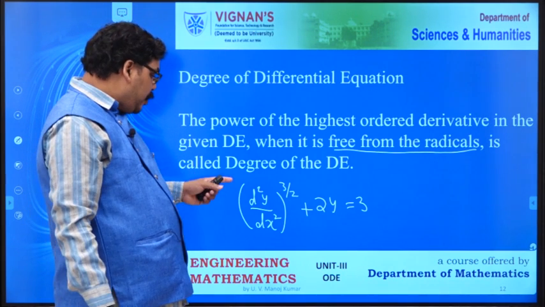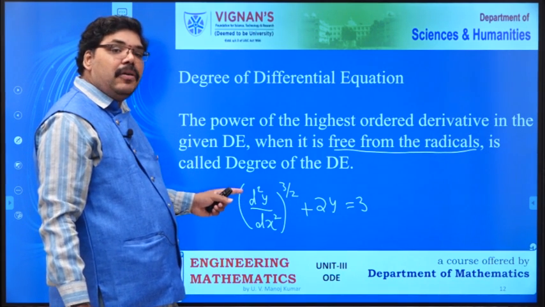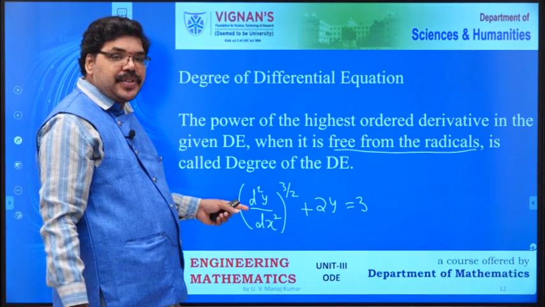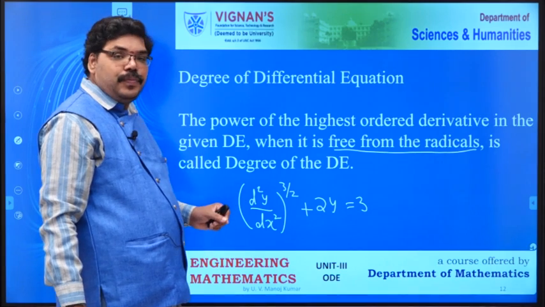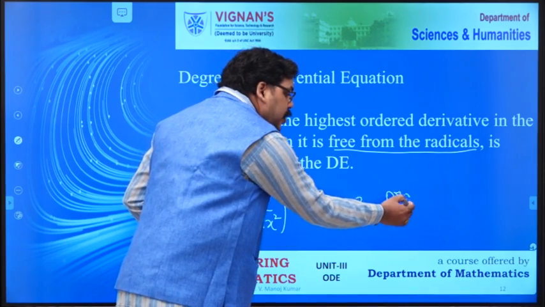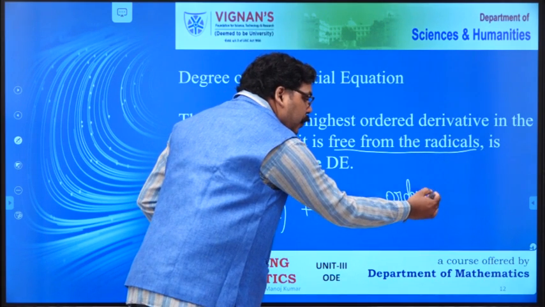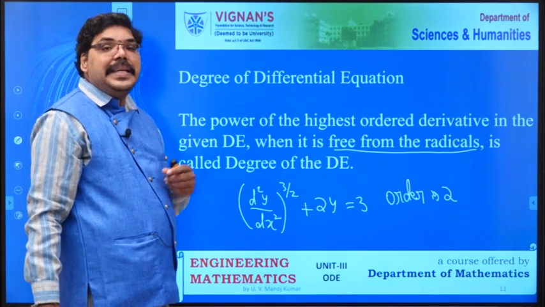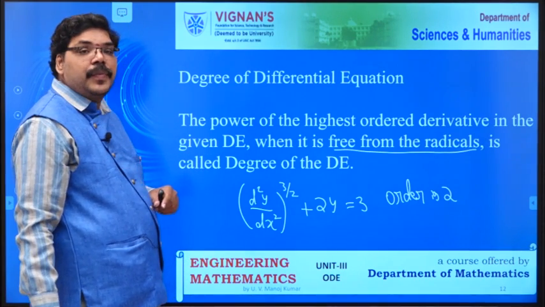Since we have a second order derivative and it is the highest order derivative in the equation, the order is 2. What is the degree of this differential equation?